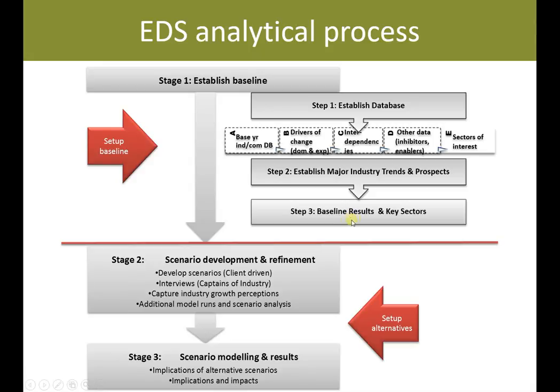And then we established the baseline results in key sectors. Again, that's based on the work that has been done. So we're going to develop the scenario, model those results, put them back into EYES, and run EYES with the modified or the alternative scenario.